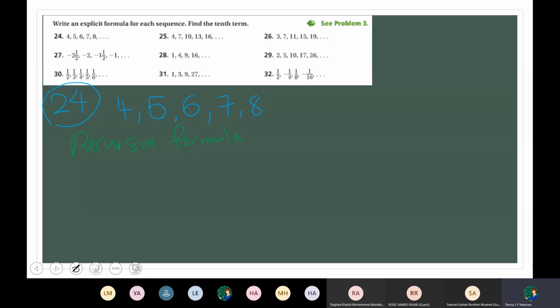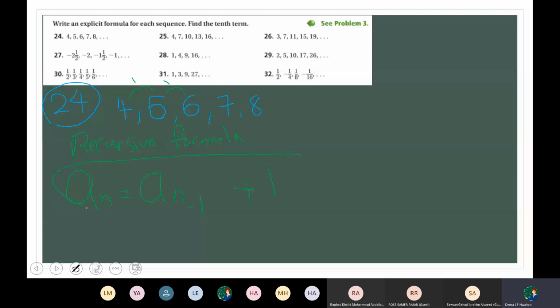So for the recursive formula now, I need to find a relation between the term and the previous one. As you see here, 4, if I add it to 1, I get 5. And if I add it to 1, I get the second term. So it's easy. I just add the previous term with 1.